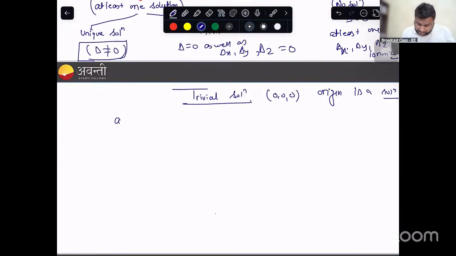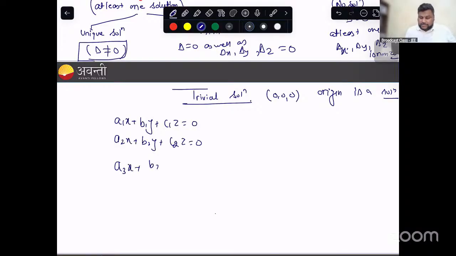Say we have a system of equations a1x plus b1y plus c1z equals 0, a2x plus b2y plus c2z equals 0, and a3x plus b3y plus c3z equals 0. Now, this system is having 0, 0, 0 as a solution, which is very obvious. Meaning x equals 0, y equals 0, z equals 0 is already satisfying this system. Yes or no?